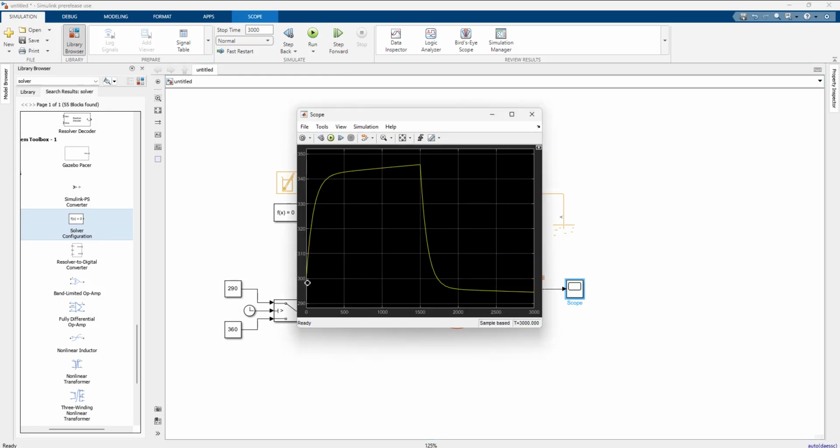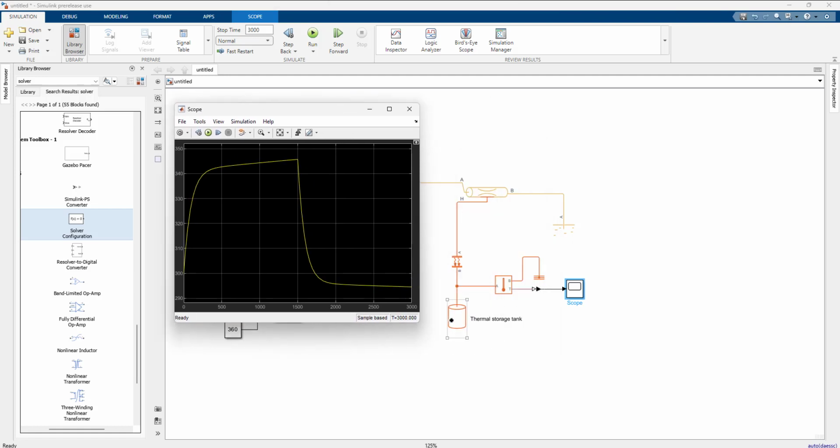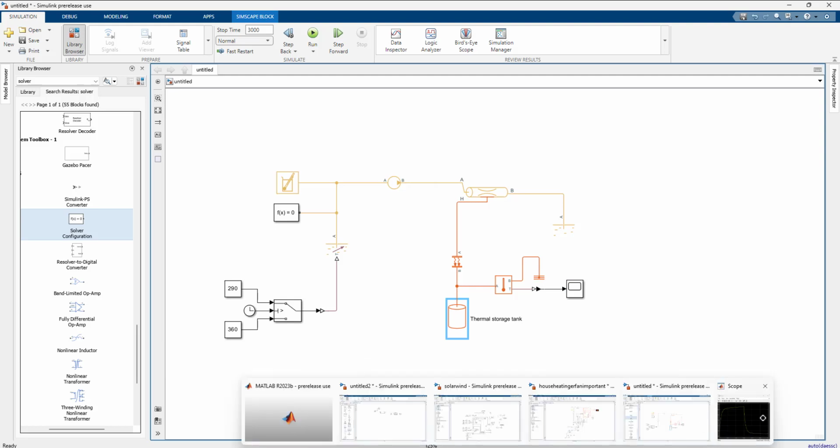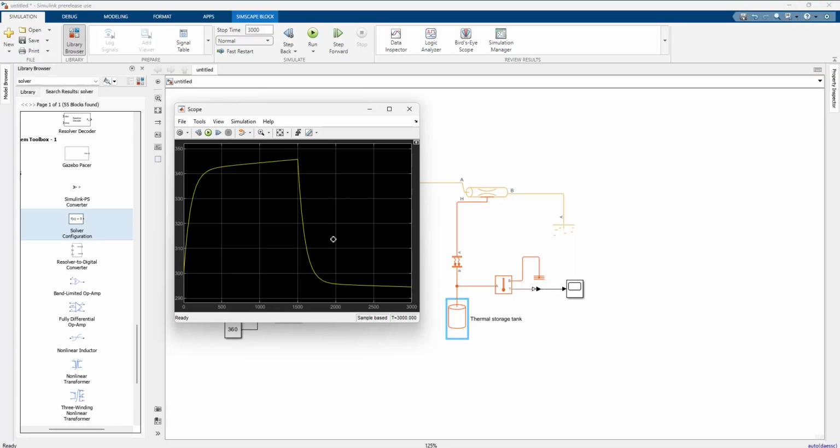And here you can see the temperature at the first point for the water inside this tank is equal to 300 Kelvin, and it goes to maybe 345 Kelvin up to 1500 seconds.